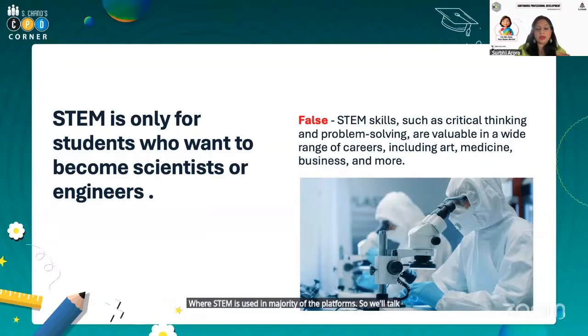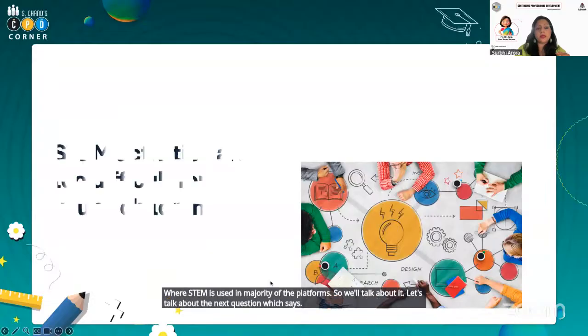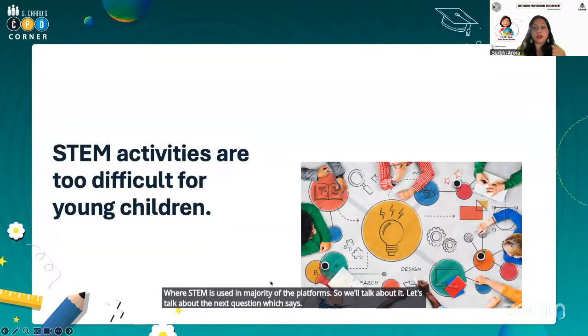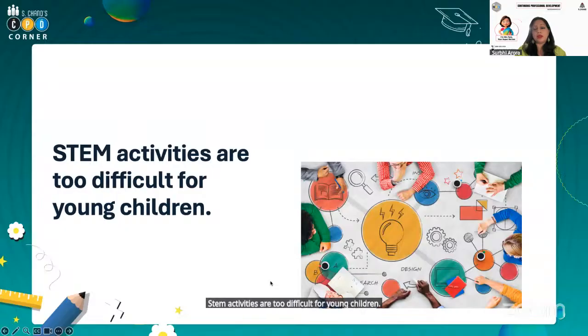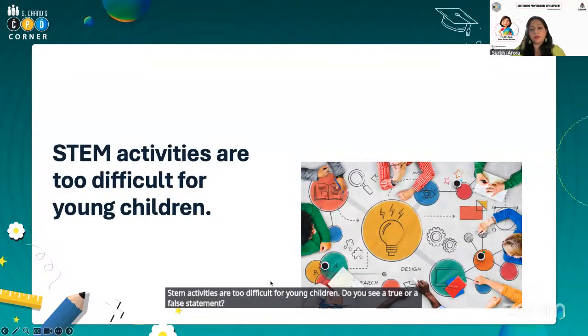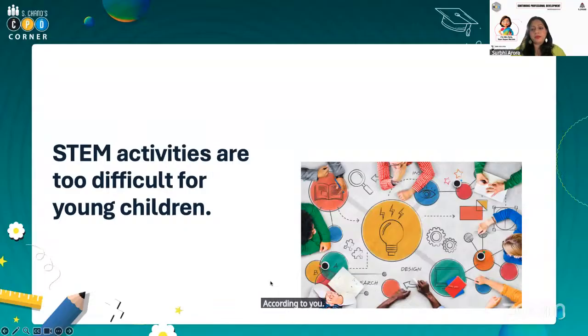Let's talk about the next question, which says, STEM activities are too difficult for young children. Do you say it is a true or a false statement, according to you? Is it too difficult for young children? Okay.